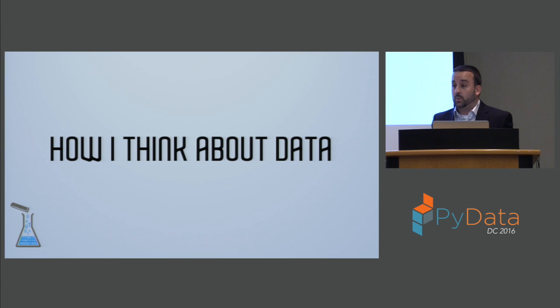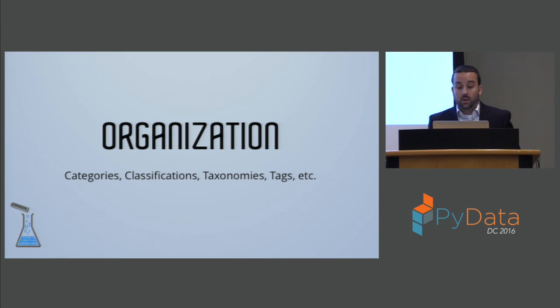And so now as humans, we have this built-in ability to deal with this complexity all around us and all this information that we're constantly receiving. And the way that we do this is by organizing things, right? We put things in order, we group things into categories, we create hierarchical classifications, taxonomies, we tag things now, all that stuff.